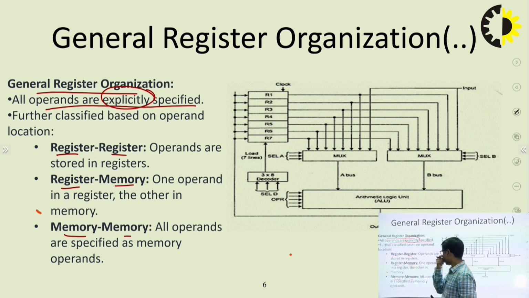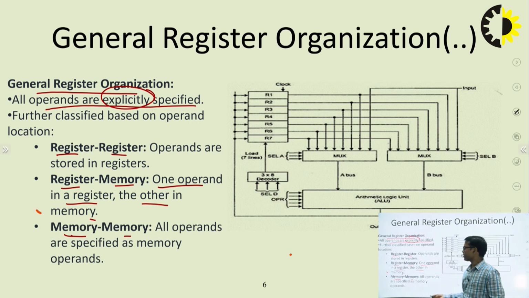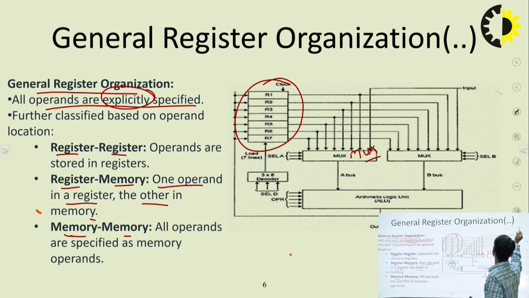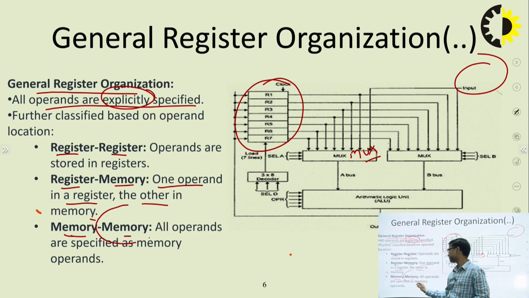Okay. So, when the operands are stored in the register, or one operand is in the register and the other in the memory, or both operands are in memory. Okay. So, you can see here we use a mux. We have already discussed that a mux is the selection unit that selects the data. Either we have to select from the register or from the outside world. Usually the outside world is the memory.